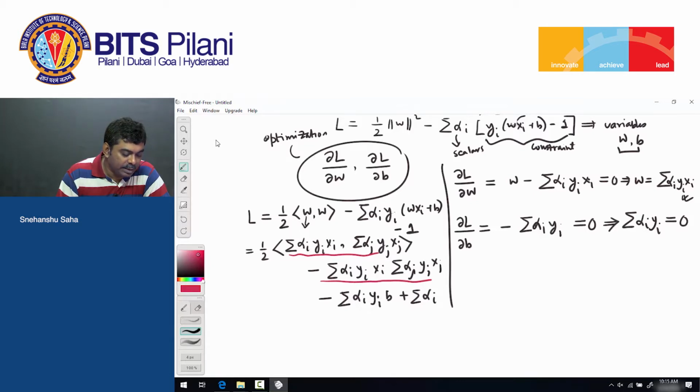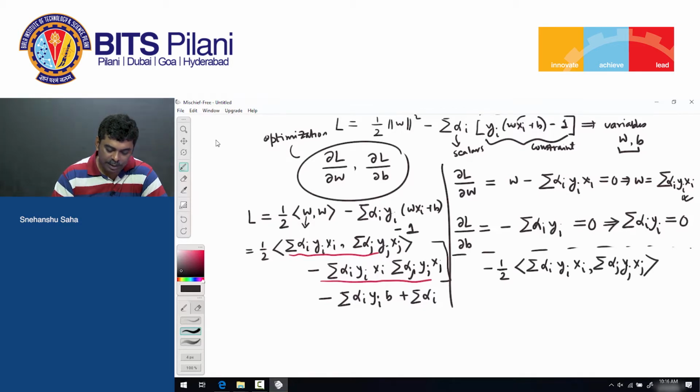Therefore I can simplify this further by combining the 1/2 and the whole of it. I can just combine these two. So if I combine these two, I will get a negative 1/2.